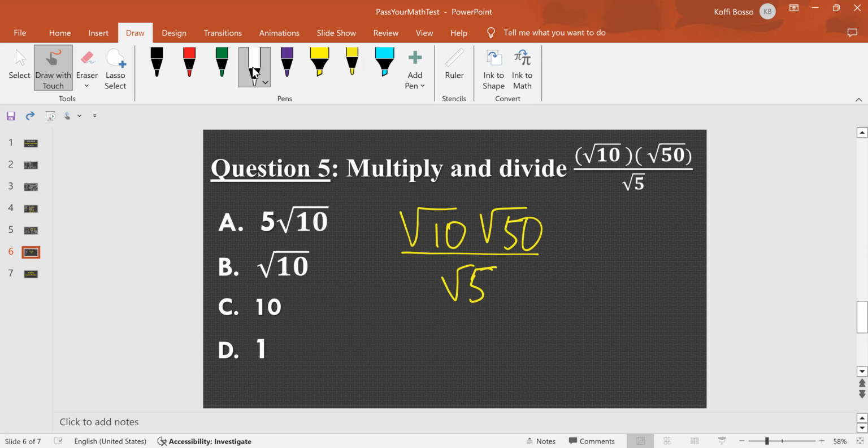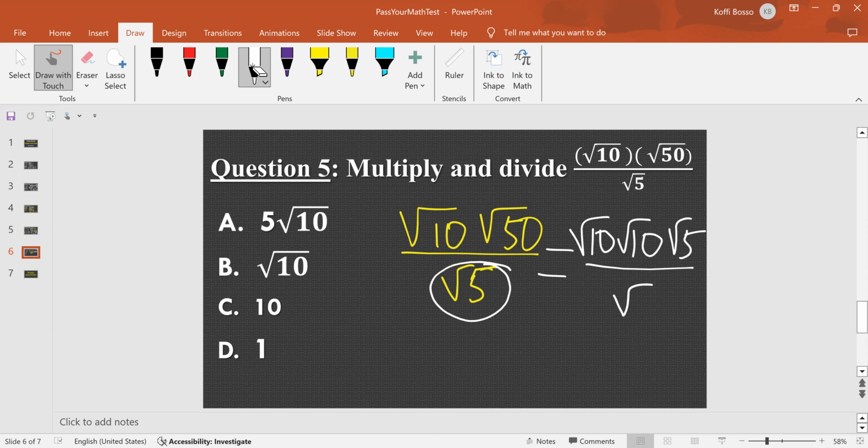Probably this square root of 5 cancels out with another square root of 5 in the numerator. So for that, can I find square root of 5 on top, in the numerator? Yes, it's possible. Look, if I have square root of 10 and the square root of 50, I can rewrite this as square root of 10 multiplied by square root of 10 multiplied by square root of 5, everything divided by square root of 5.